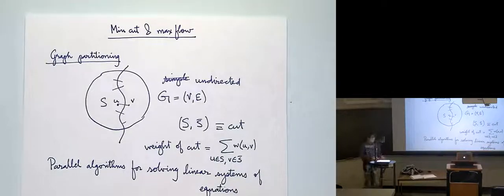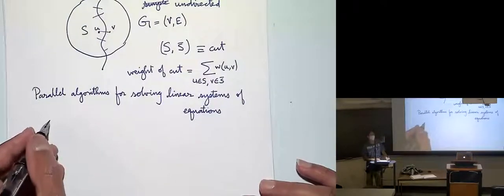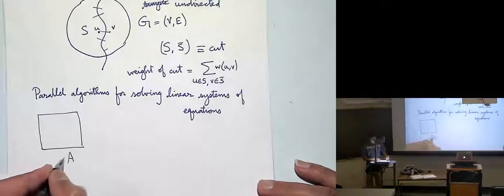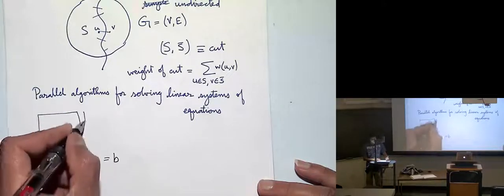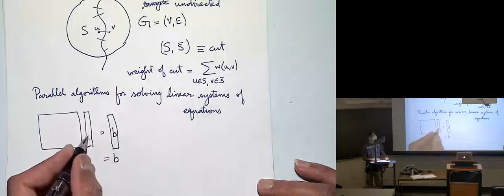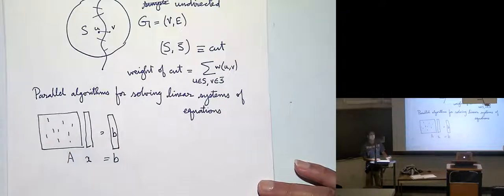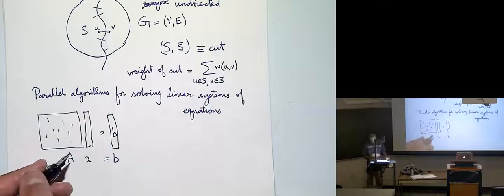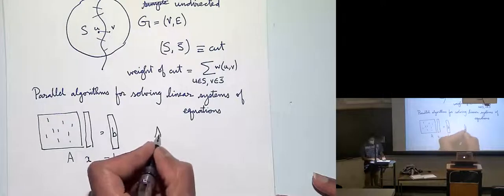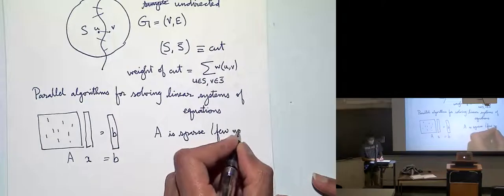Just to motivate how things like that came up, when you want to solve a linear system, you have some kind of matrix A, Ax = b, and you're trying to solve for x. In some situations, this matrix would actually be symmetric. And suppose A is sparse, meaning that there are few non-zeros.